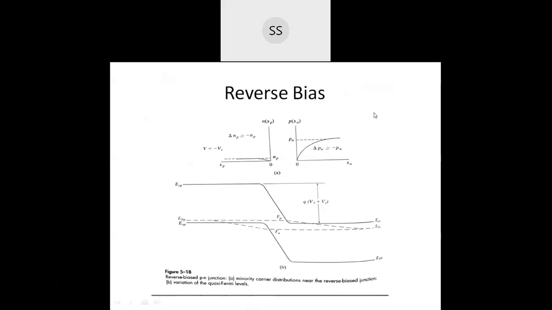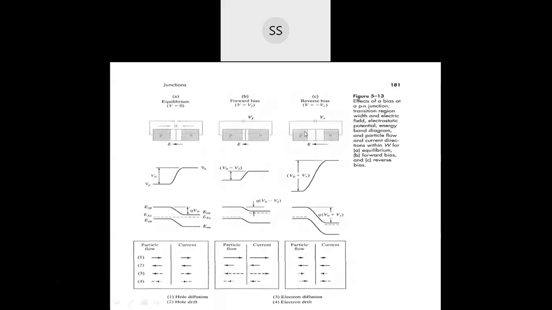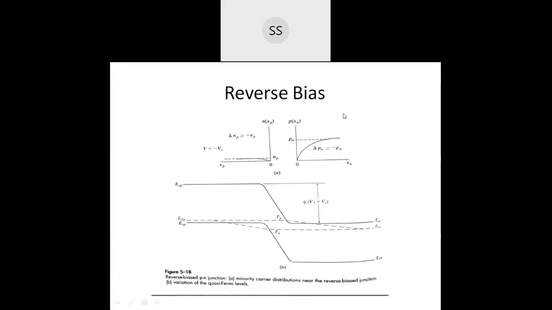Then going still deeper into this reverse bias condition. So here in this particular picture, we have some notations. This entire diagram is concerned with the minority carriers here.